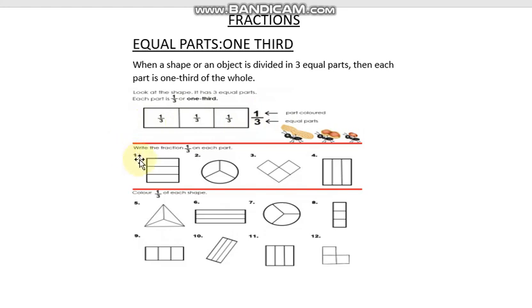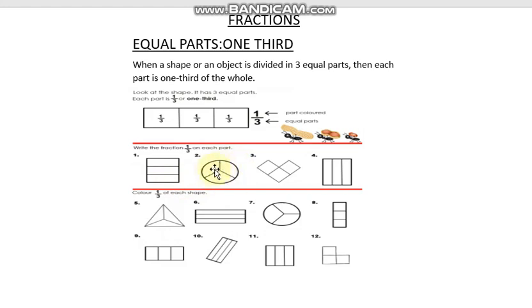In the next question, write the fraction 1/3 on each part. You can see this shape is divided into three equal parts: one part, two parts, third part. When we color only this part, then we can write 1/3 with this shape.